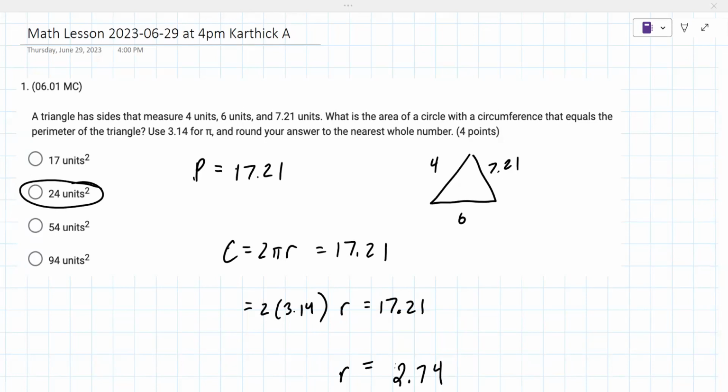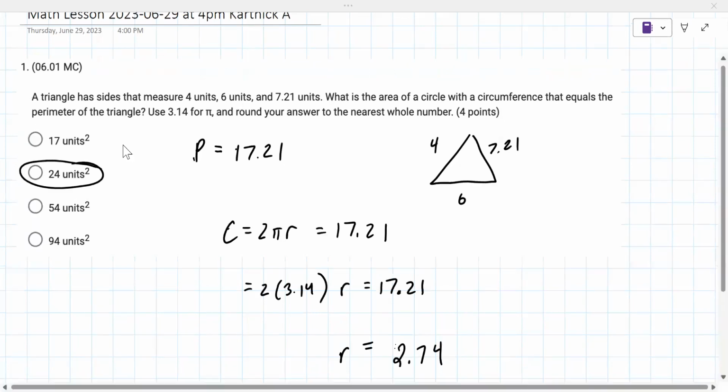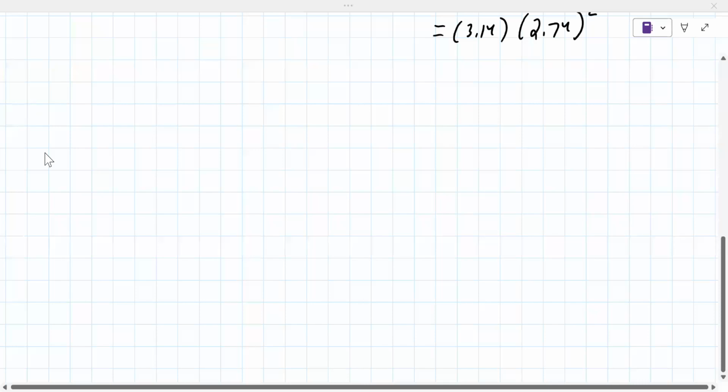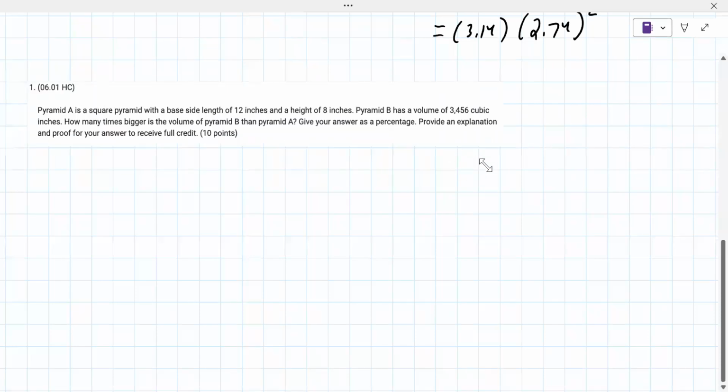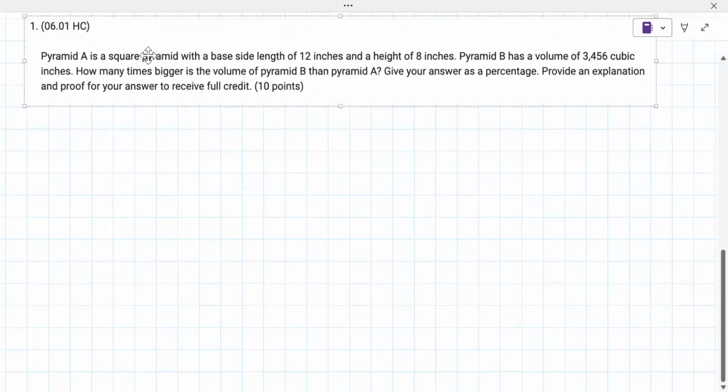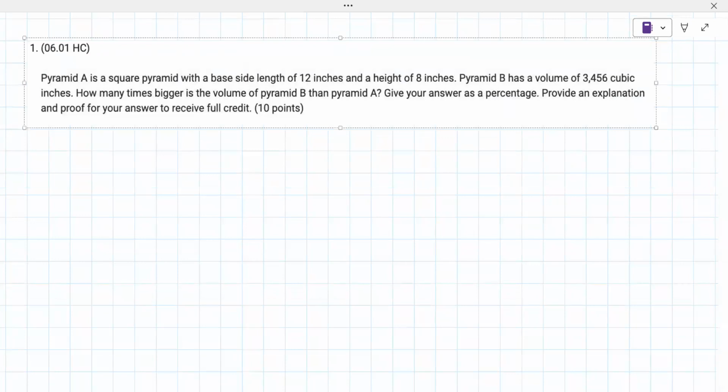Here's number one of the writing portion. Pyramid A is a square pyramid with a base side length of 12 and height of 8.